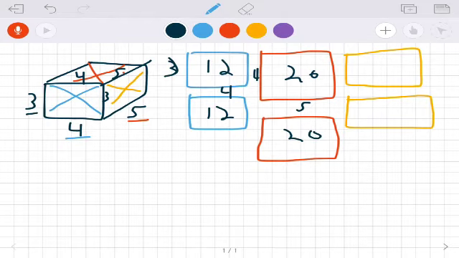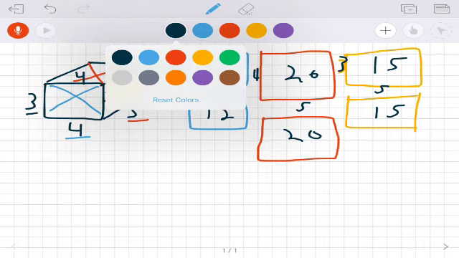And this is, oh, I made that one too big. Let's go in and fix that right there. There we go. And this is 3 by 5. Oh, write it in a better color. 3 by 5, so this is 15, and this is 15. And so in order to get the surface area, we just add them all up.